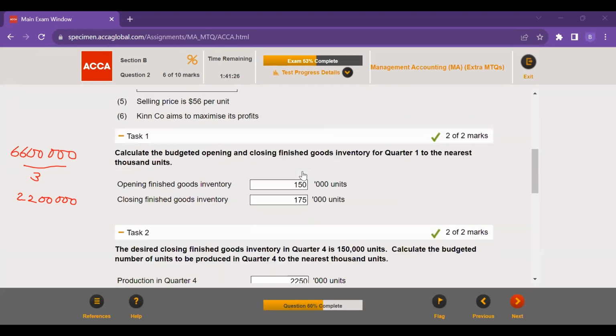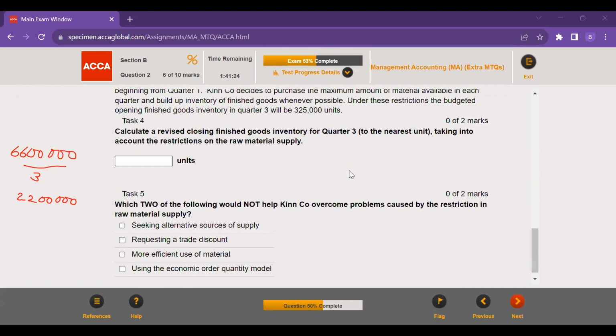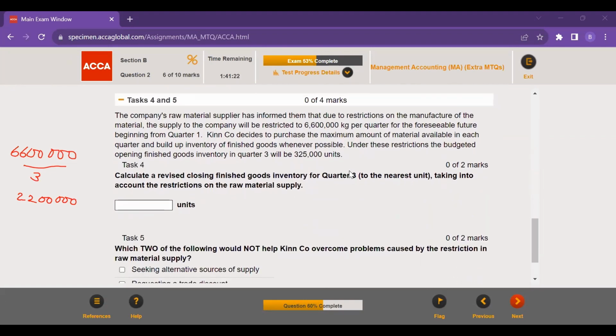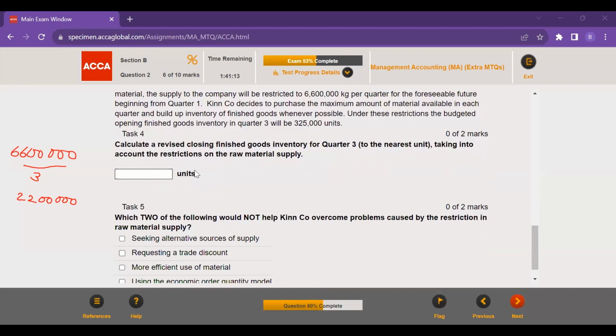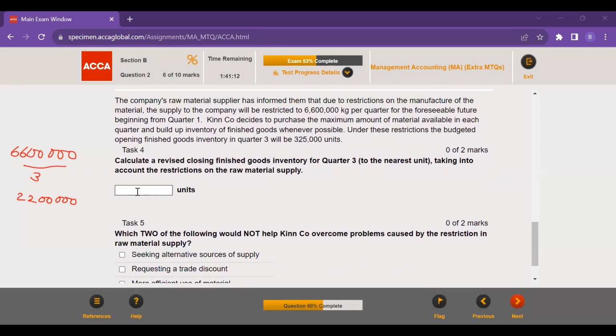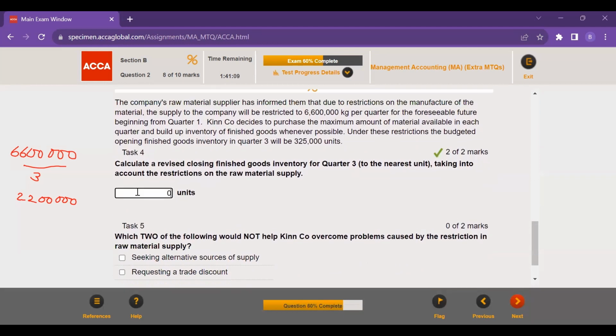Because if you subtract that from the Q3 demand, you will get 2,525,000. So this means that your closing inventory will definitely be 0 because you have utilized all the raw material to meet your sales. So you will have no closing inventory, right?